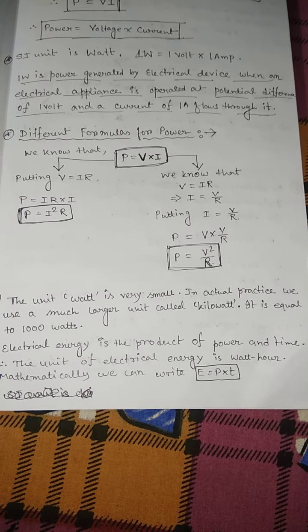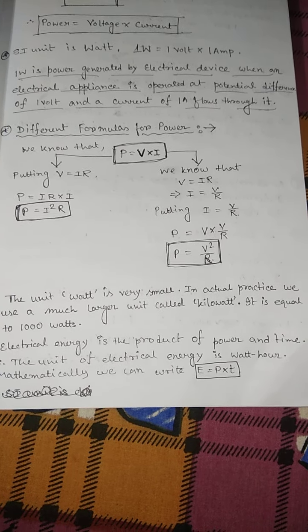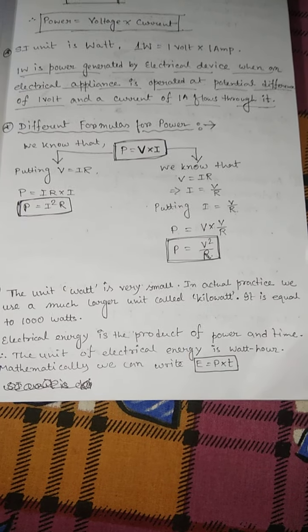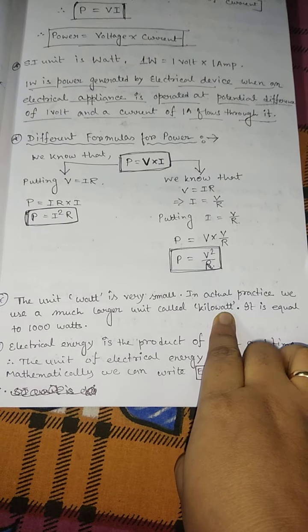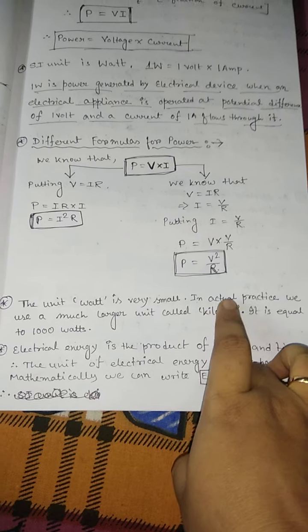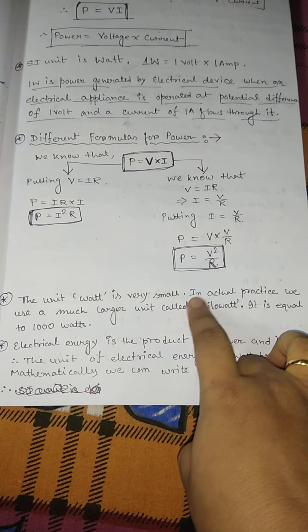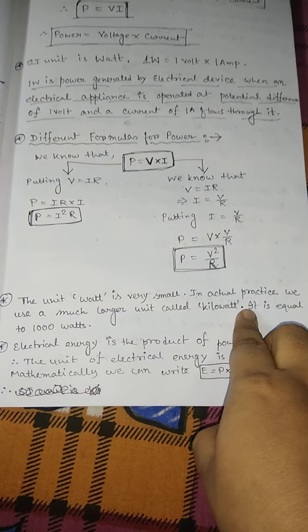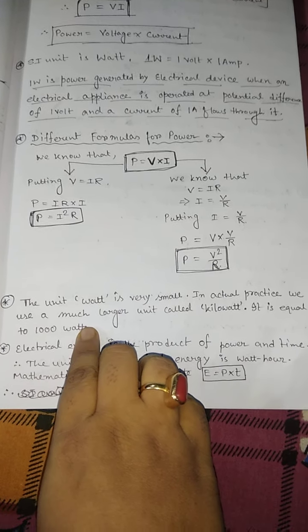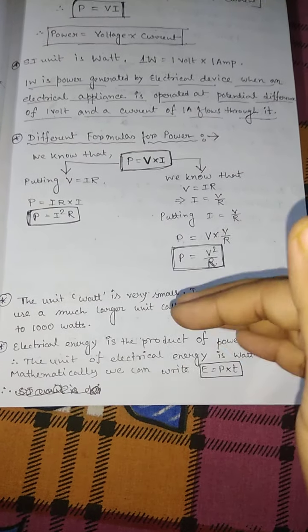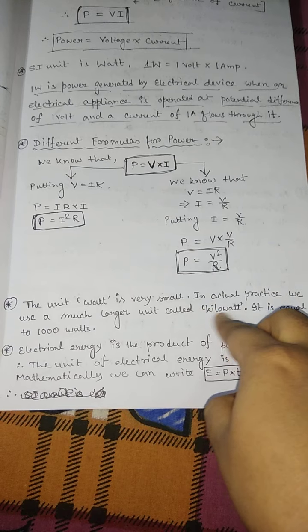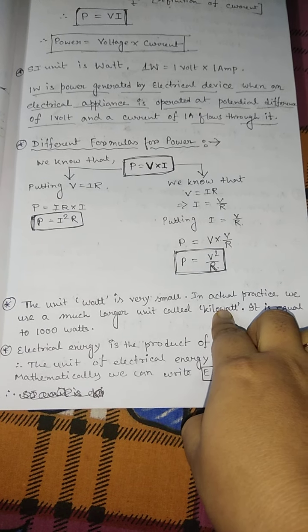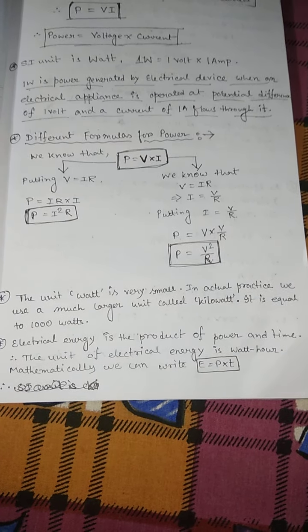That's why, to calculate larger electrical power, we use kilowatt. This is a bigger unit of electrical power, and we know that 1 kilowatt is equal to 1000 watts. In practical life we normally use the unit kilowatt hour.